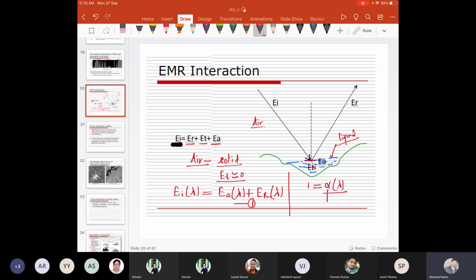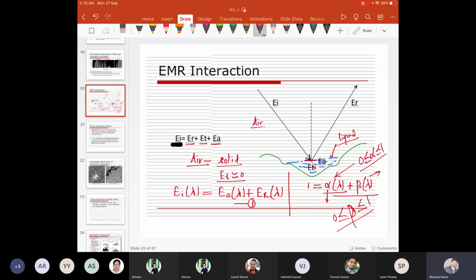Alpha I'm using for the reflectance, plus beta, which I'm using for absorptance. So alpha is a ratio and it varies from 0 to 1. Similarly, beta is also a ratio and it again varies from 0 to 1.